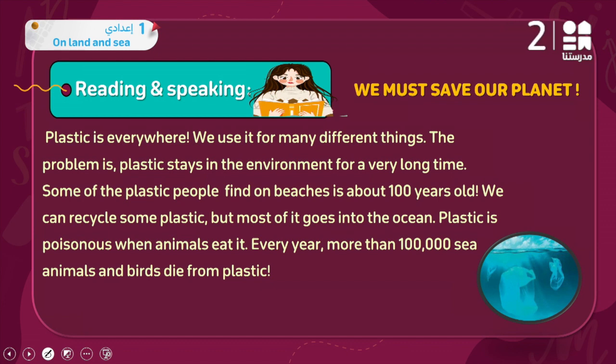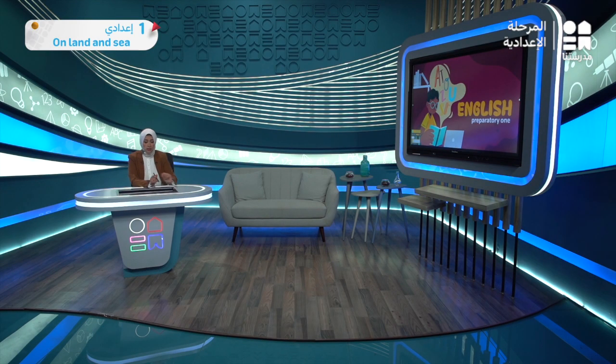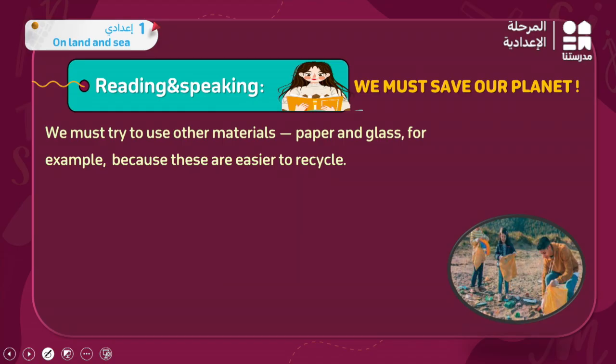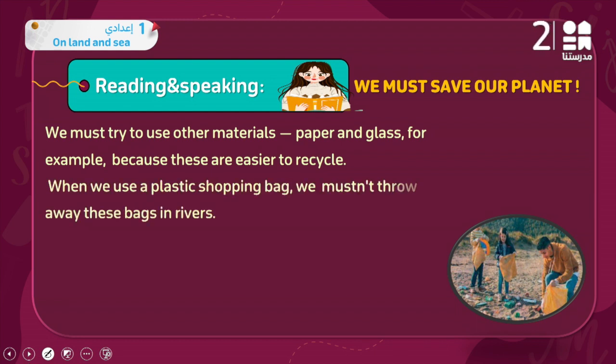يبقى plastic is the main cause or main reason of the death of more than 100,000 of animals. Okay, we must try to use other materials like paper and glass, for example, because they are easier to recycle.